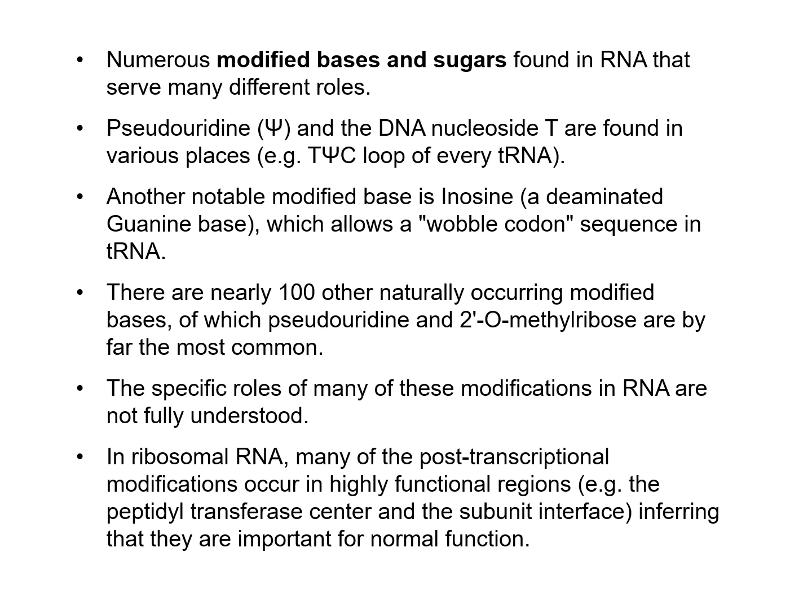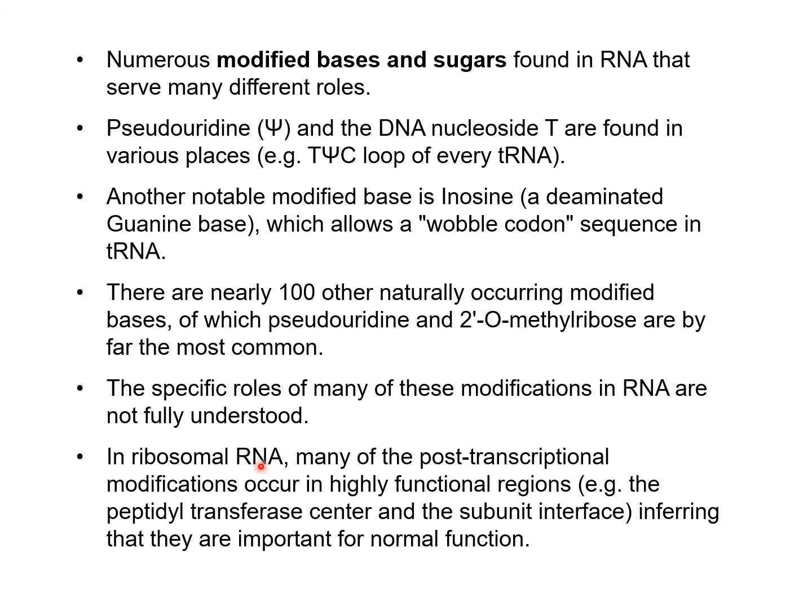The specific roles of many of these modifications in RNA are not fully understood, and it is still an interesting field that many researchers are pursuing. All the functions known so far are that these modifications in RNA regulate RNA stability, localization, translation patterns, as well as responding to environmental cues and so on.